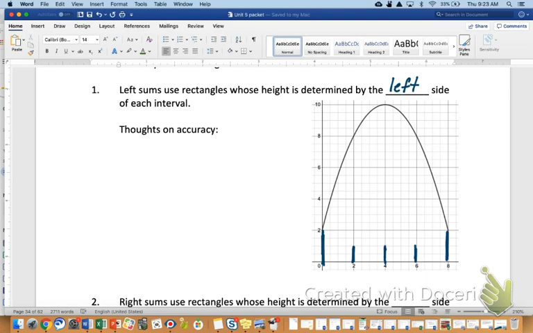We could draw the rectangles in a number of ways. A left sum is going to use the left side of the interval to draw the height in. So for the first interval from 0 to 2, my height is determined by the left side of the interval, so my first left sum rectangle would look like this. For the next one, from 2 to 4, we would use the height at the left side, so that would be this height.